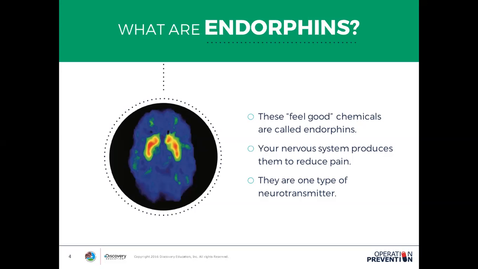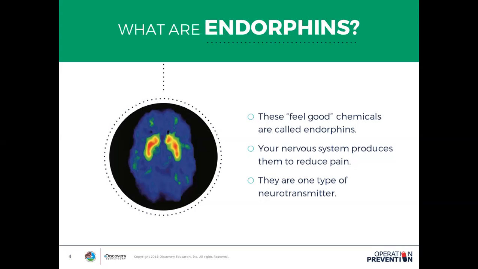In scientific terms, the endorphins block messages of pain from reaching the brain and stimulate pleasure centers in the brain. Endorphins are only one type of neurotransmitter or chemical that sends messages through the nervous system.